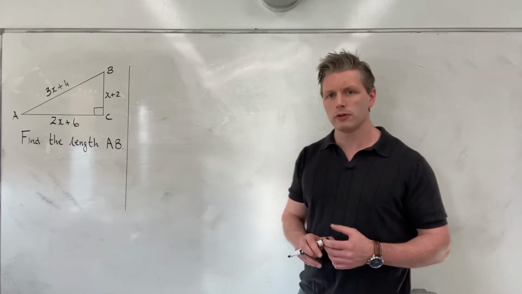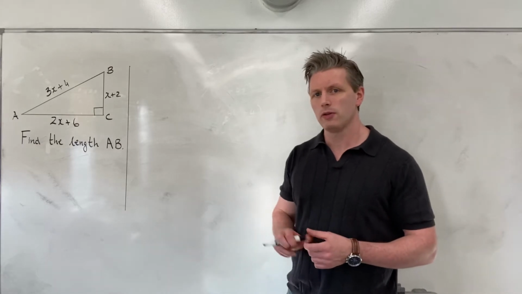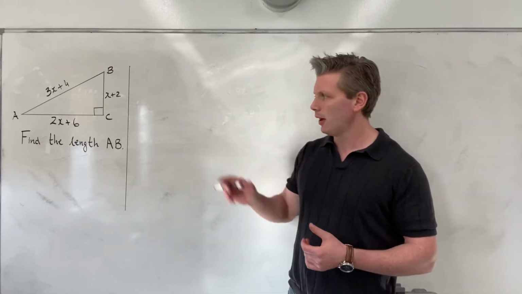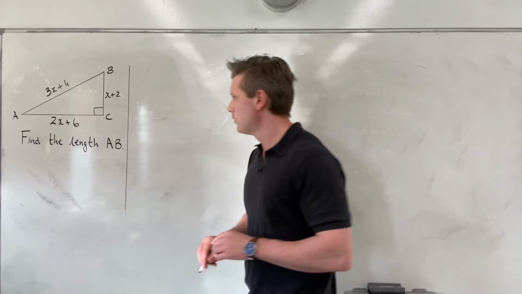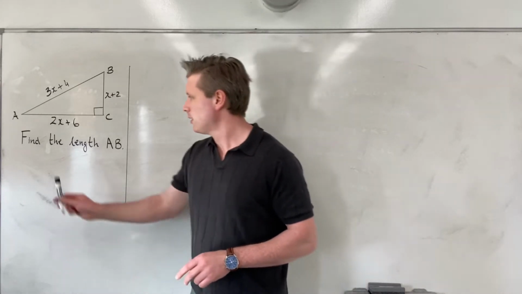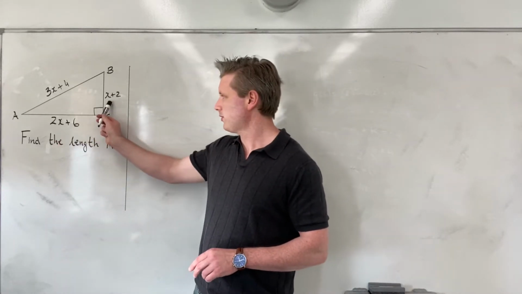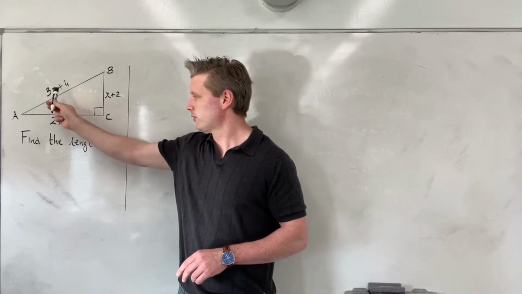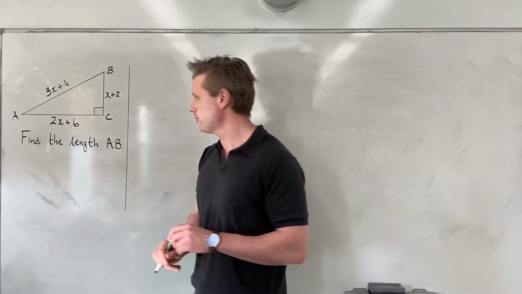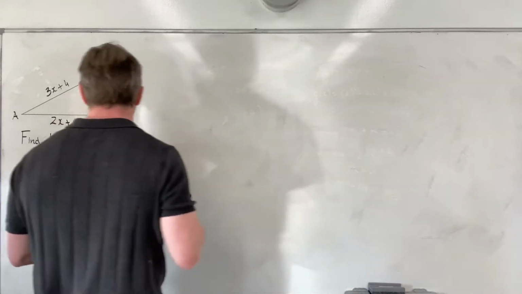All right, so what we're going to do is use Pythagoras' theorem to set up an equation with these three sides. Pythagoras' theorem tells me the square of this side plus the square of this side equals the square of my hypotenuse. That's Pythagoras. So let me write that down mathematically.